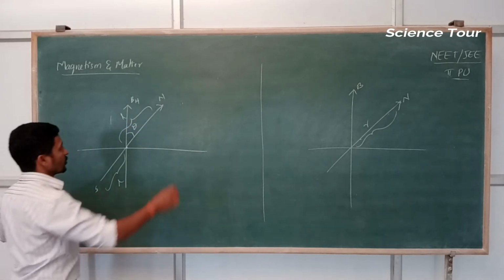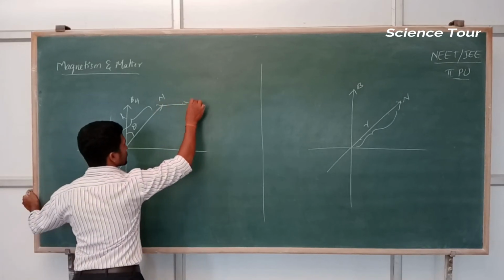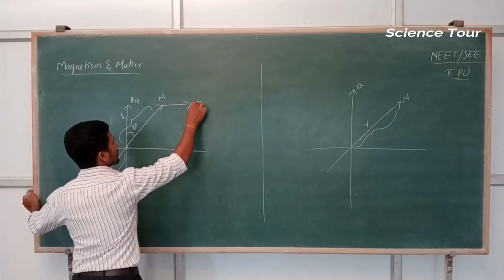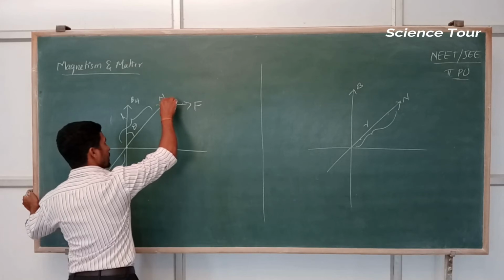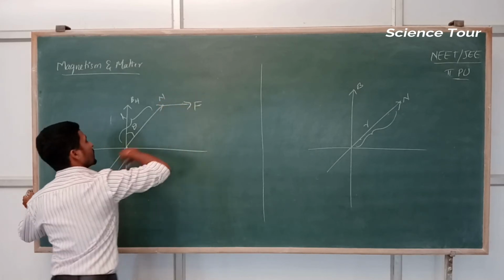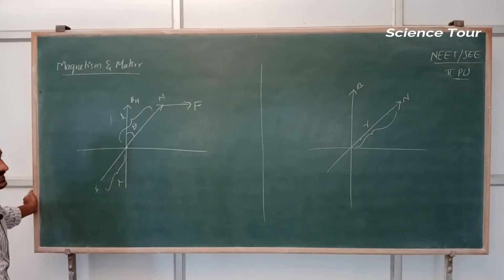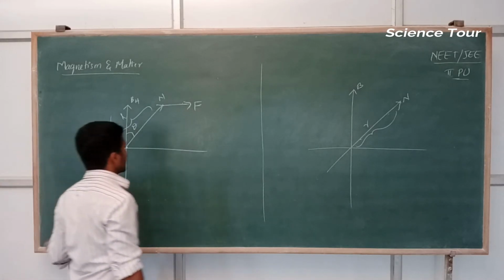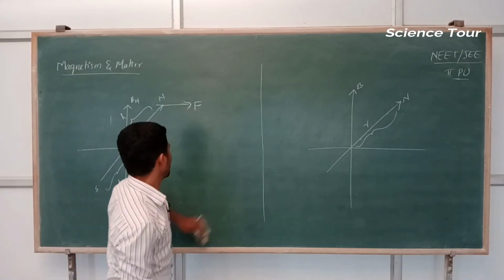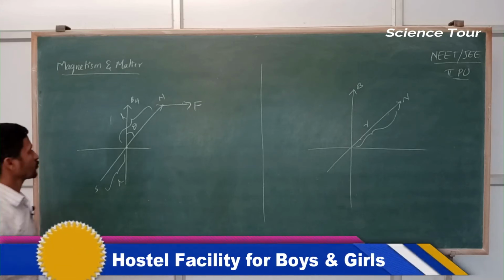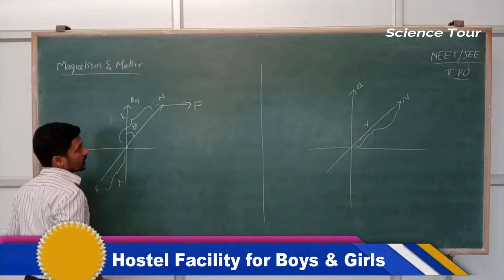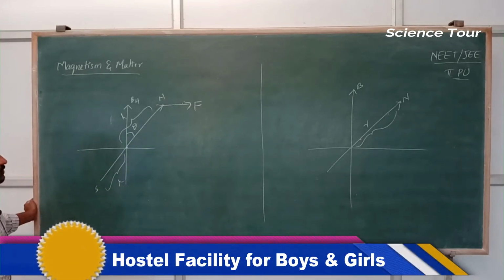Now suppose you are going to apply some force by means of a string. What is the tension, or what are the things going to happen? In the equilibrium case it just remains somewhere.